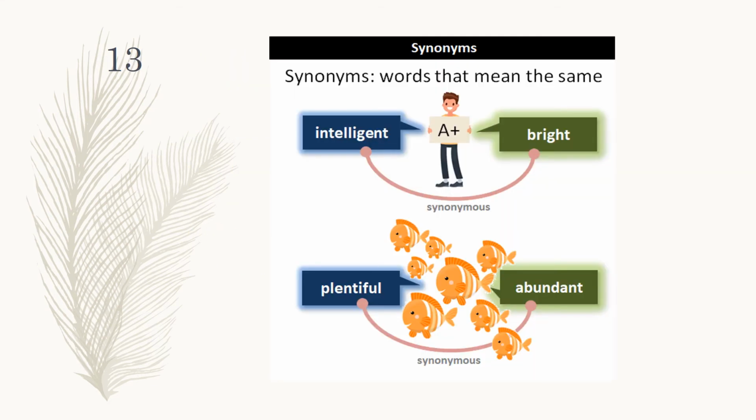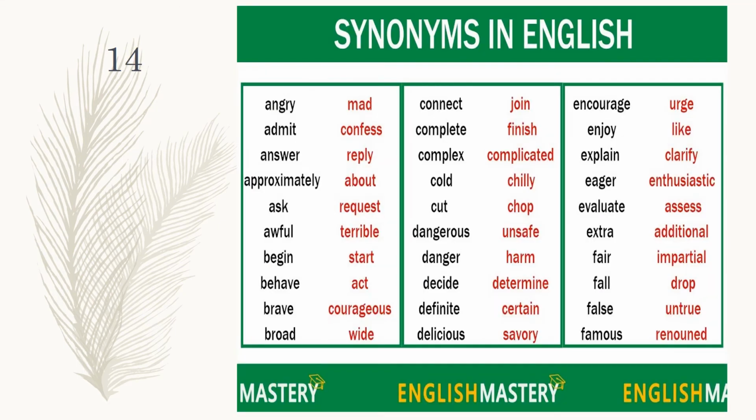Okay, let's have a look at this picture. You have learned what are the synonyms. Synonyms means words that mean the same. Okay, you can see these examples. So children, you know that words which are very similar or the same in meaning are called synonyms. So practice these words.